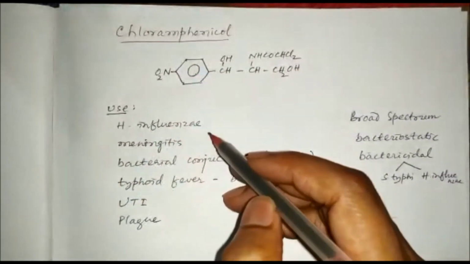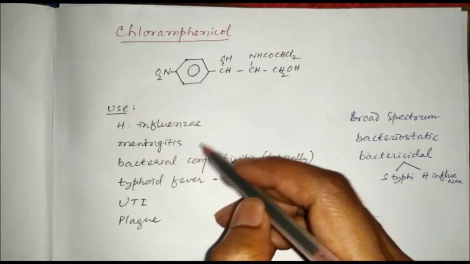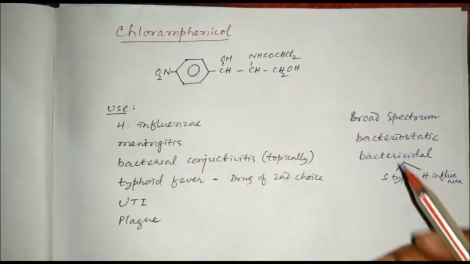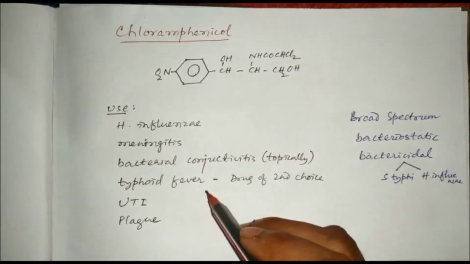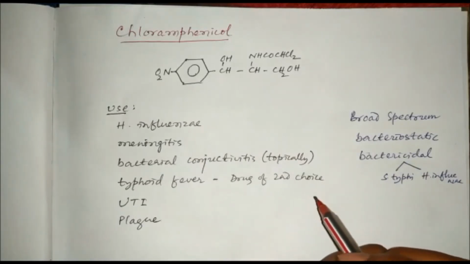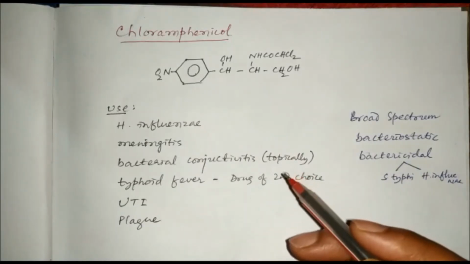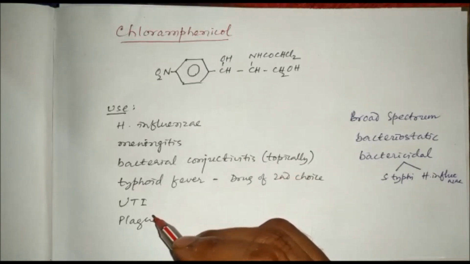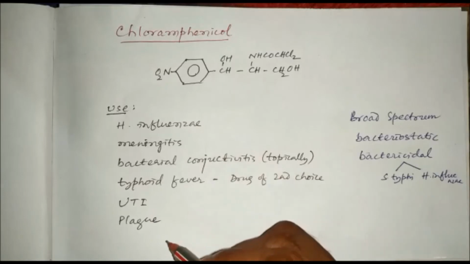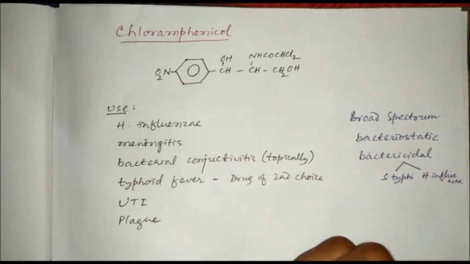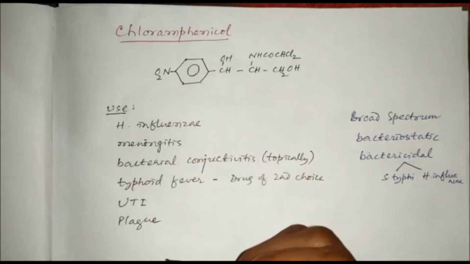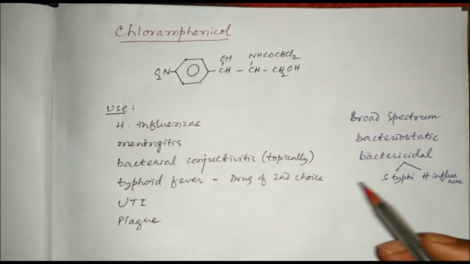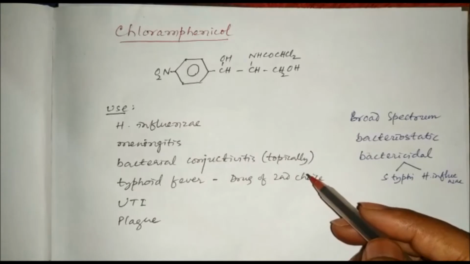So it is used against influenza, meningitis, bacterial conjunctivitis, typhoid fever, where it is the drug of second choice because nowadays we have better drugs available, urinary tract infection, plague. So these are some of the diseases where we can use chloramphenicol. Against bacterial conjunctivitis we can use chloramphenicol topically.